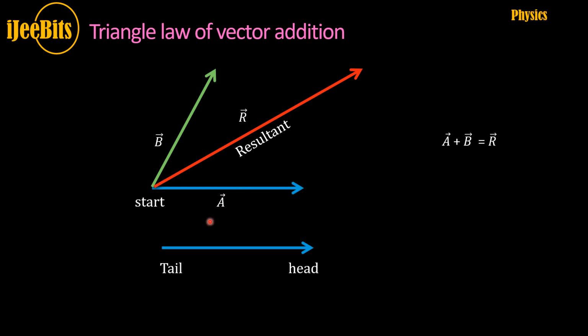When you look at a vector, what we see is that there is a tail and there is a head. When we add two vectors, all we have to see is that the head of one vector should be connected to the tail of the other vector. That is how you add vectors. But I'm not able to correlate here, because it sounds like all the vectors start at the same point.